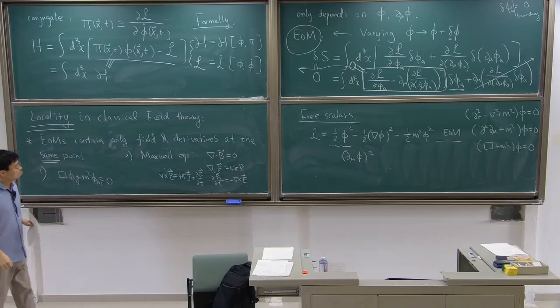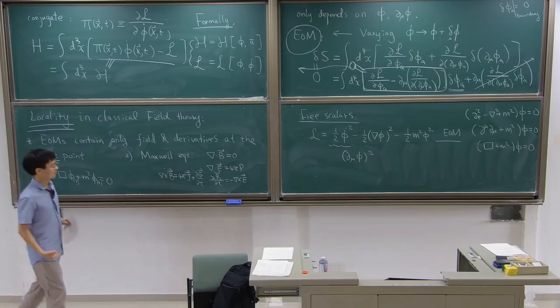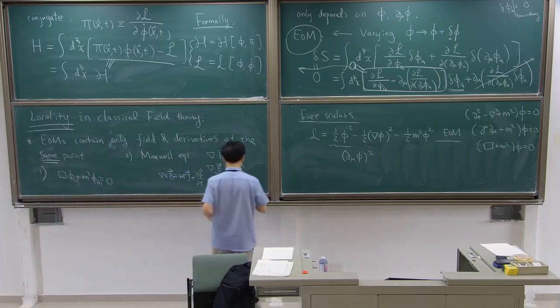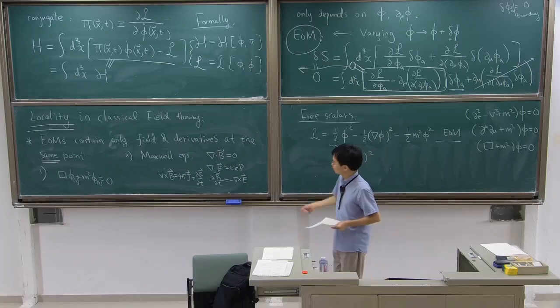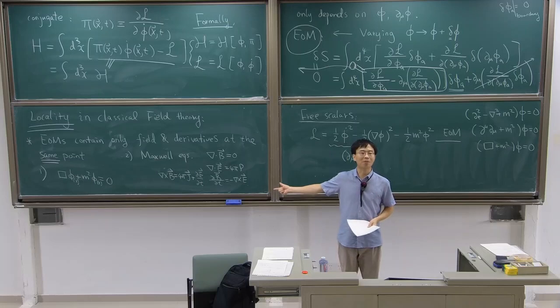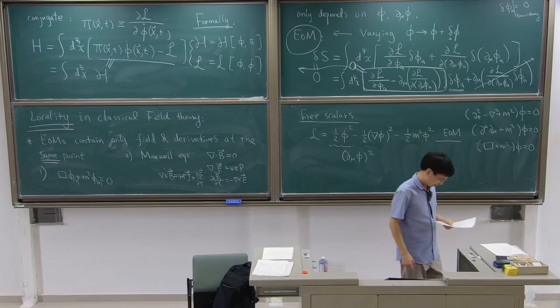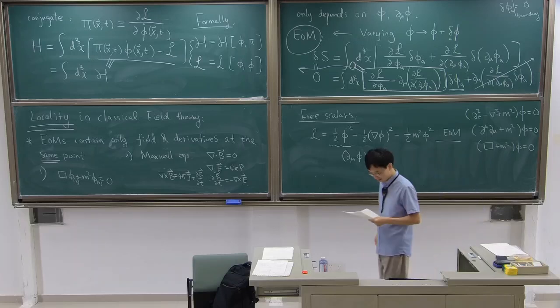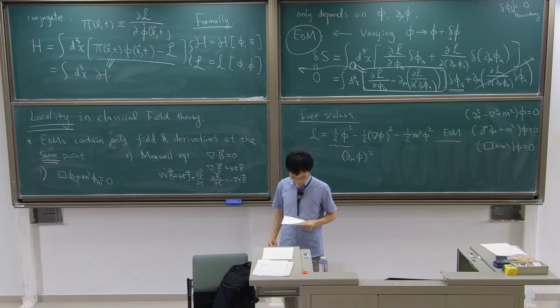There is no equation that simultaneously involves two different points. This looks like a trivial property of familiar equations, but you should realize that it is nothing but the requirement coming from locality.